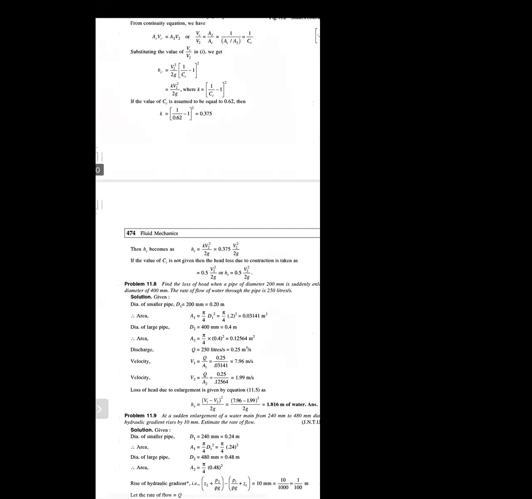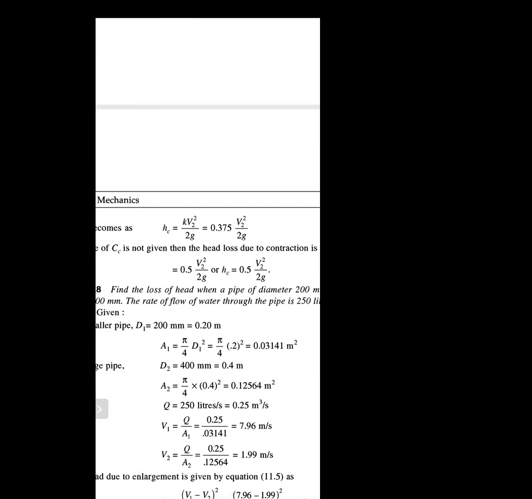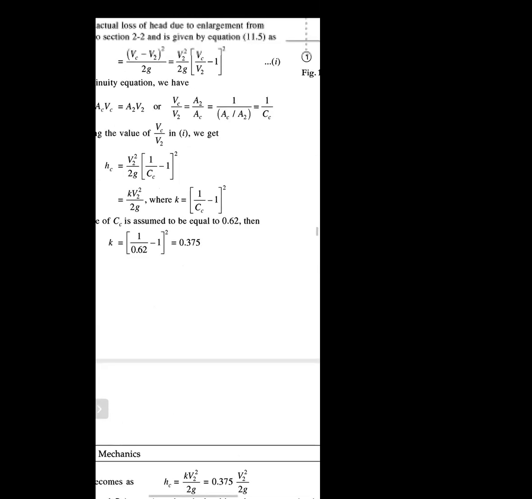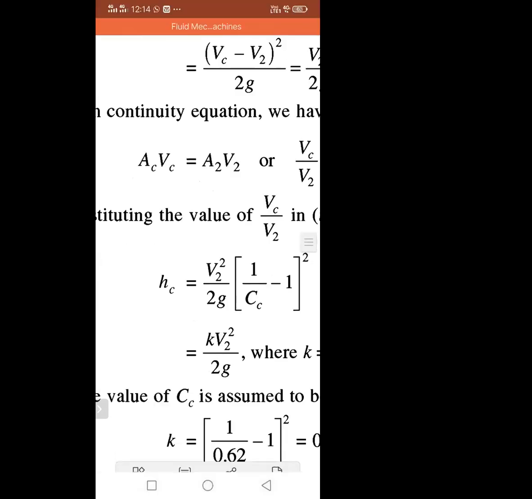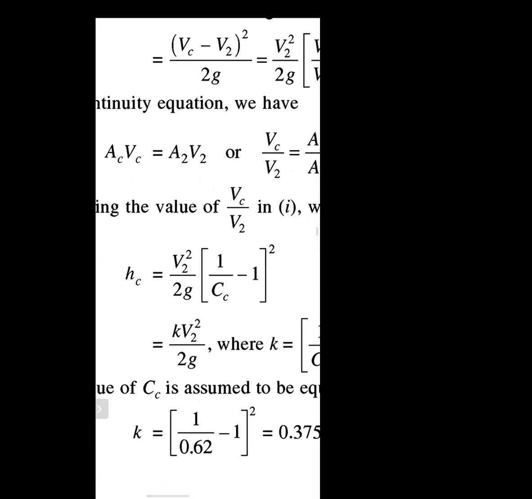If the value of coefficient of contraction is not given in your problem, then the loss of head due to sudden contraction hc is equal to 0.5 V2 square upon 2g. If Cc is given, then use this formula: hc is equal to V2 square upon 2g into (1 upon Cc minus 1) whole square.